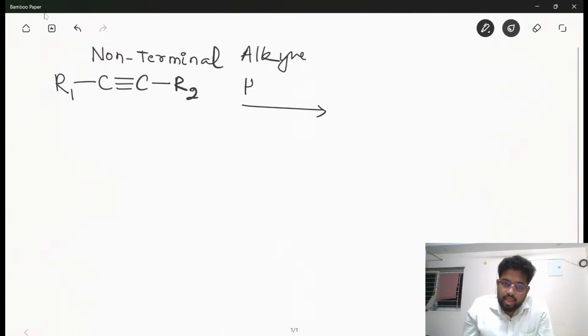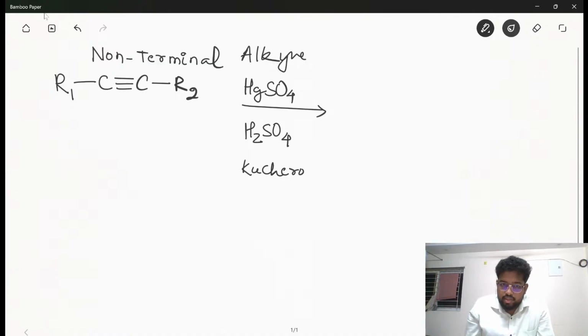In this non-terminal alkyne, if you are treating with HgSO4 and H2SO4, this reagent is our Kucherov's reaction reagent. So what will happen? What would be the product? Now first I will get R1 OH.